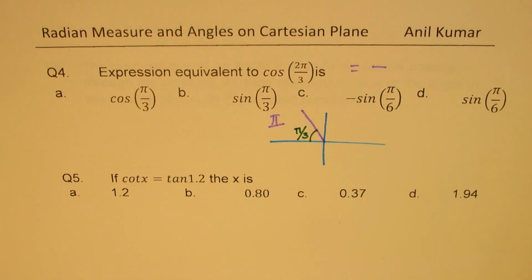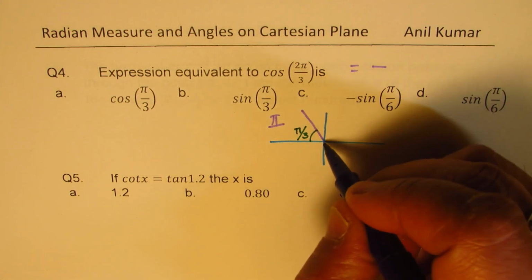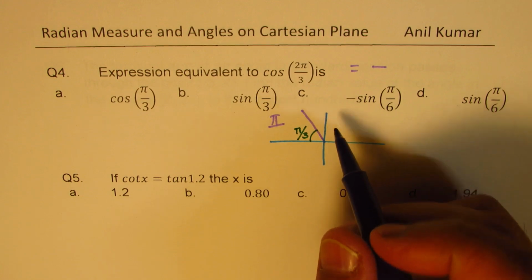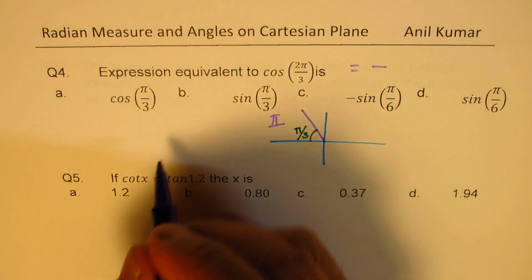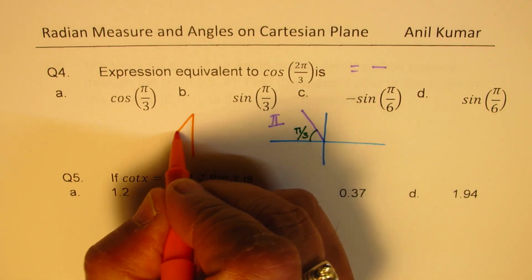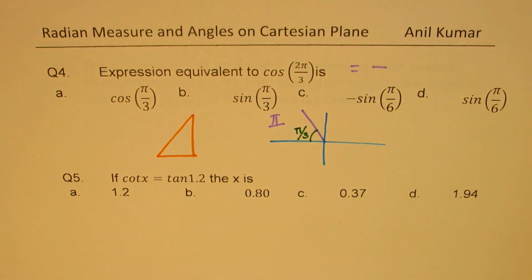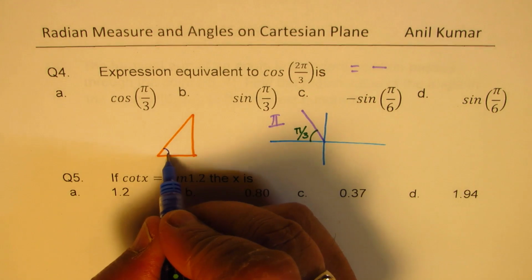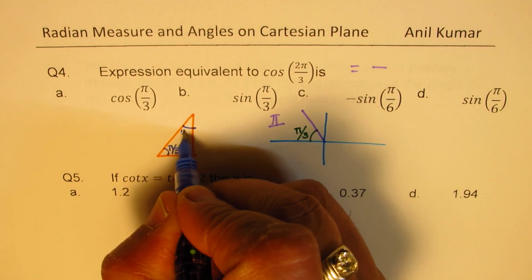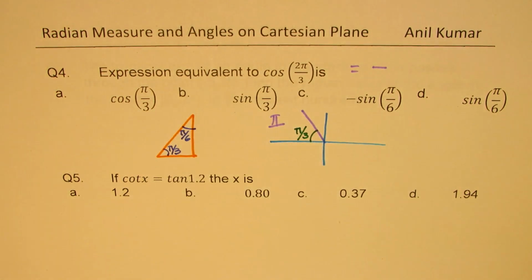Now when we are looking into an equivalent position right there, what do we get? Cos of 2 pi by 3 means, again, back to our triangle. If one angle is pi by 3, then the other is pi by 6, correct?